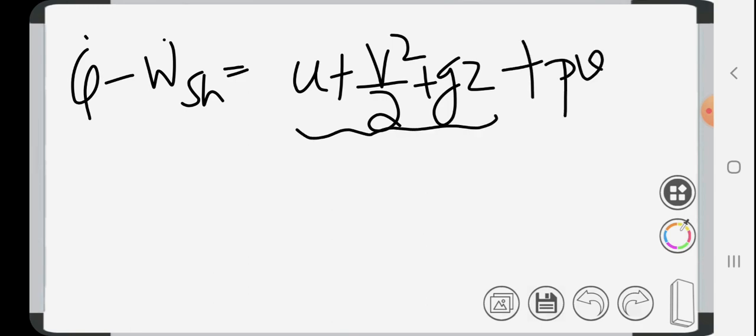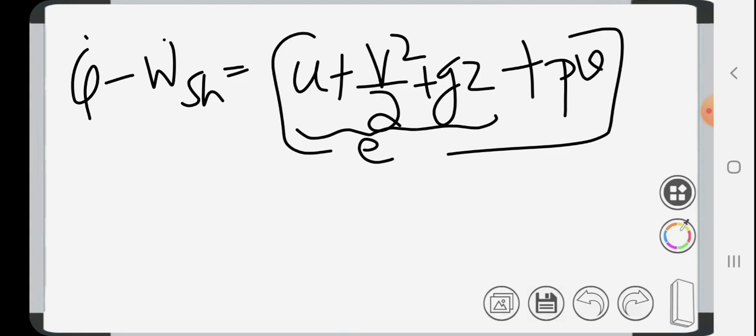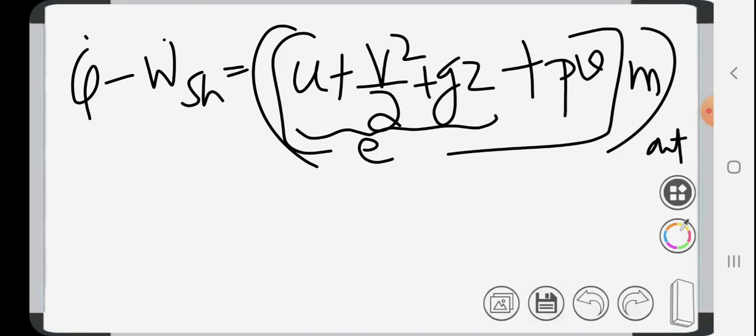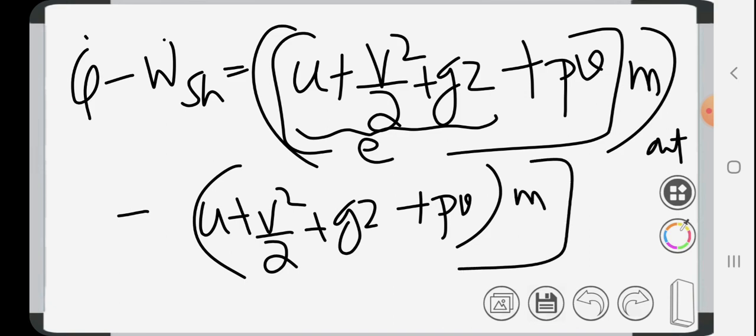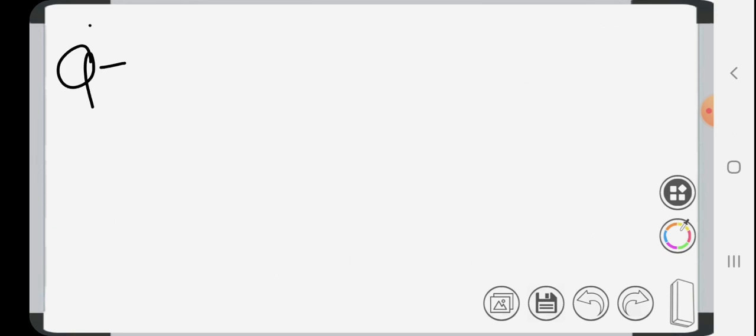So this whole thing is e into m dot out, minus (u plus V square by 2 plus gz plus PV) into m dot in, right?